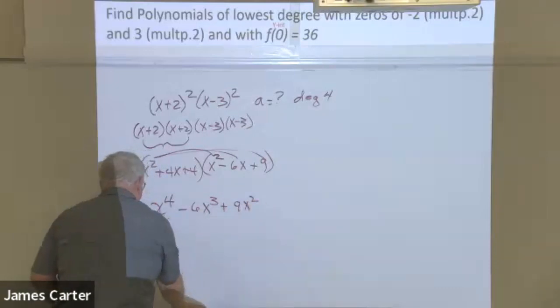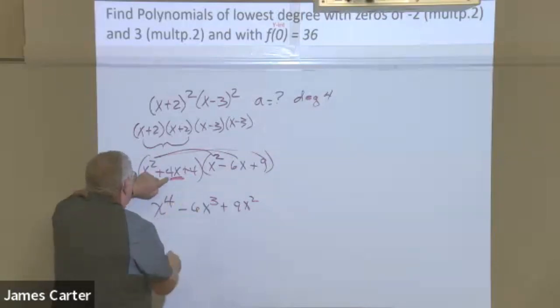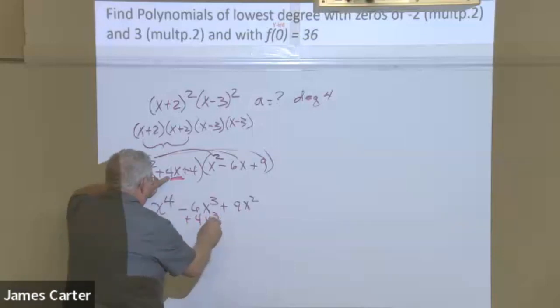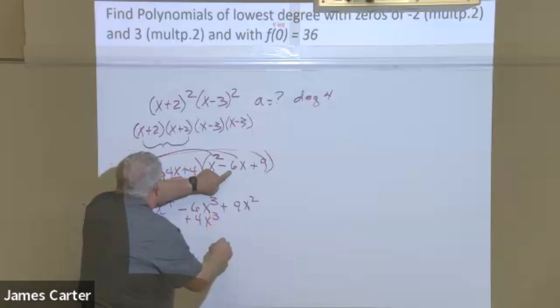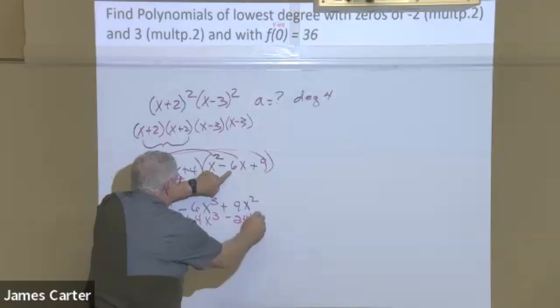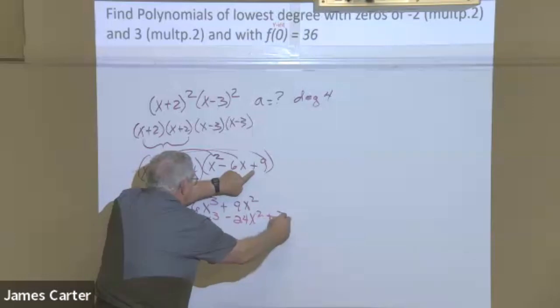Okay, the second row, when we're doing it by this one, we're going to have 4x cubed minus 24x squared plus 36x.